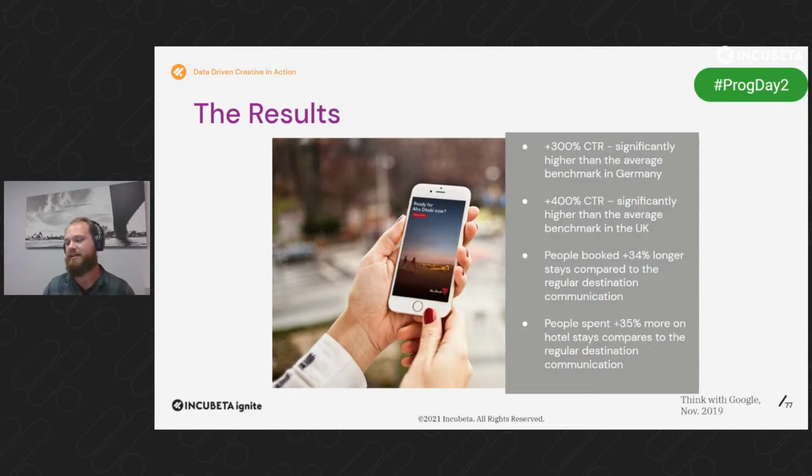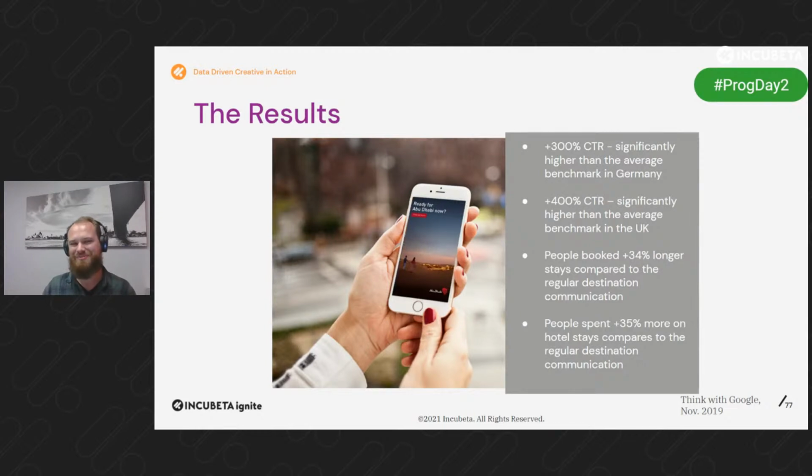So we can see here that not only were they able to reach users at scale, but they were able to create multiple ads and really drive a much improved results landscape for the campaign.